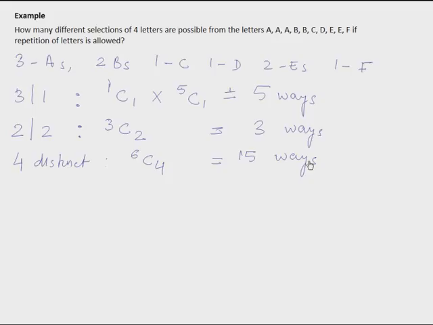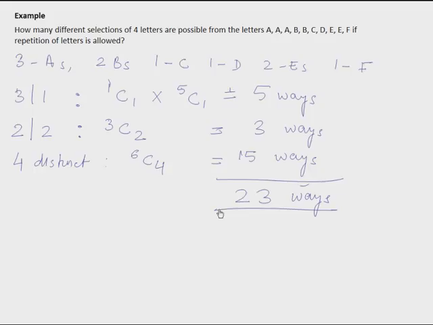So I've broken it down into all cases. A triplet and a solitary letter, 2 pairs and 4 distinct. There is no other way I can do it. The final answer is 23 ways.